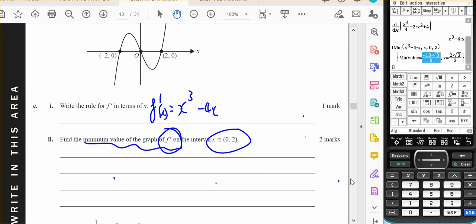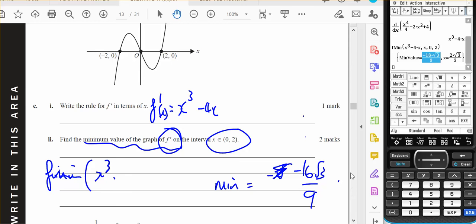So minimum equals -16 root 3 on 9. F min of x cubed minus 4x from 0 to 2. There's my method mark, there's my answer mark.